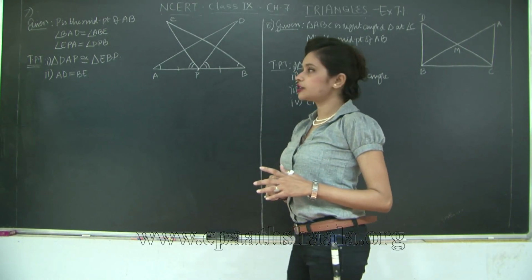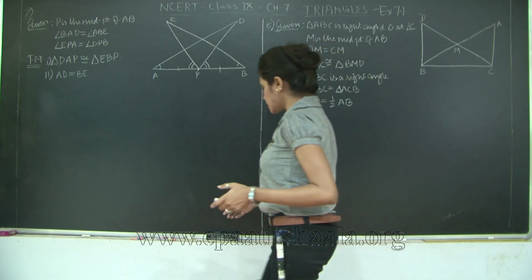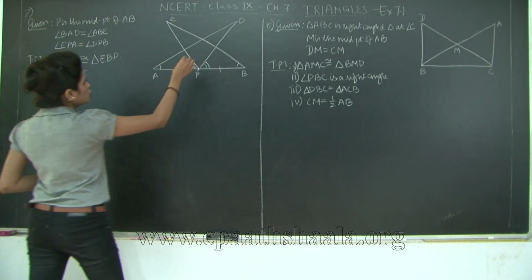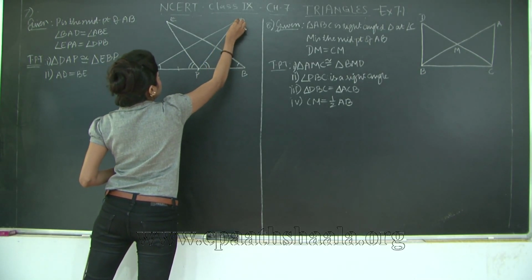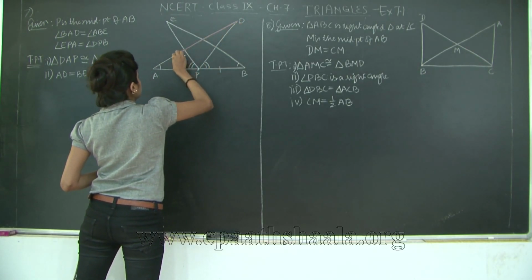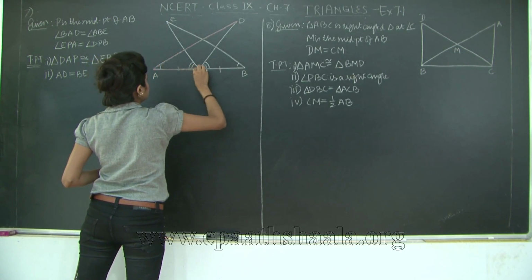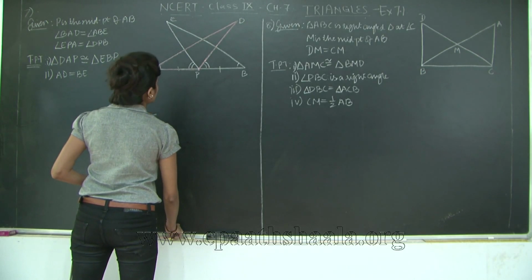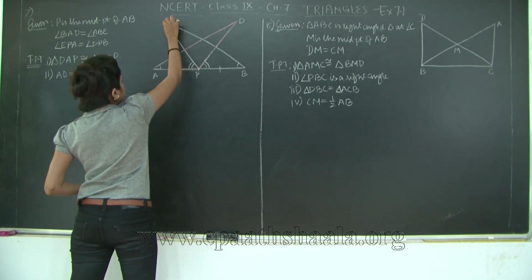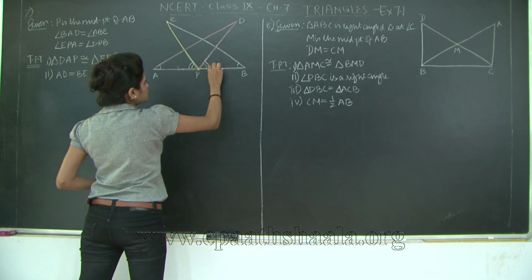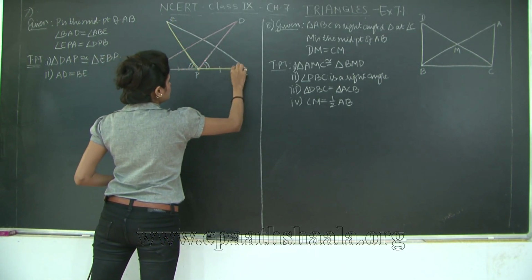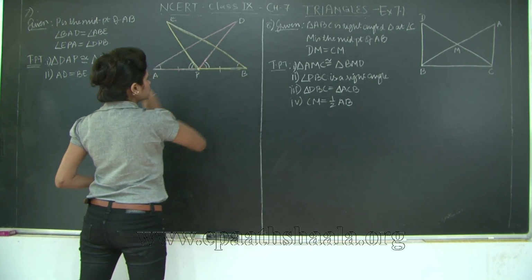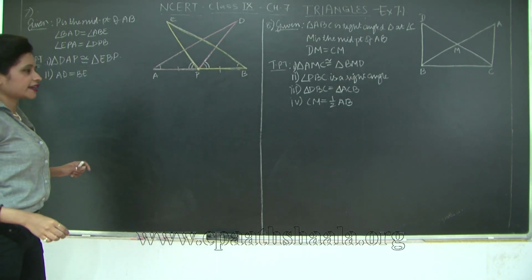We need to prove the two triangles are congruent. So which are the two triangles? Let's mark them. We have DAP and EPB. So we are going to take these two triangles and prove them congruent.